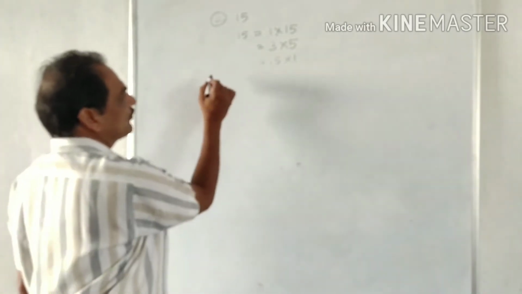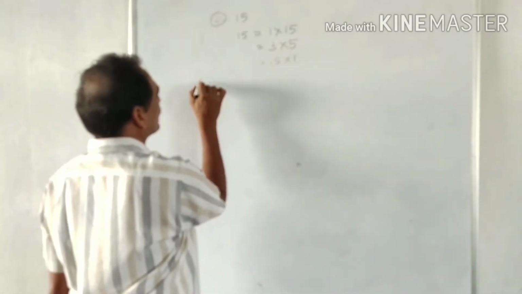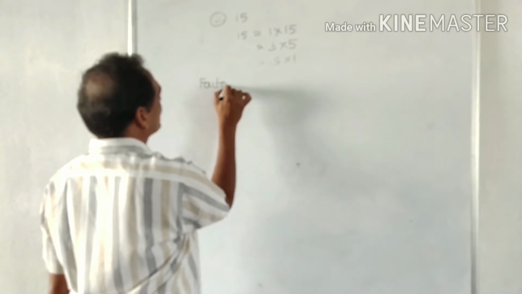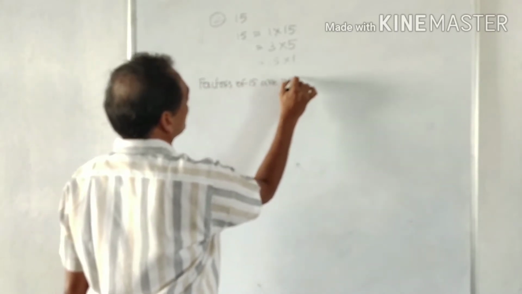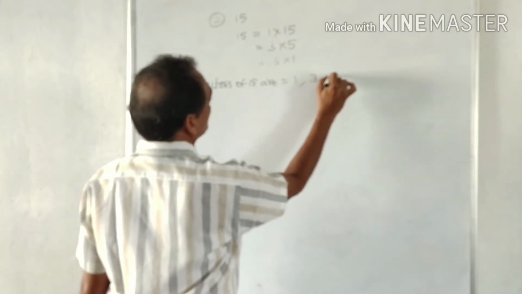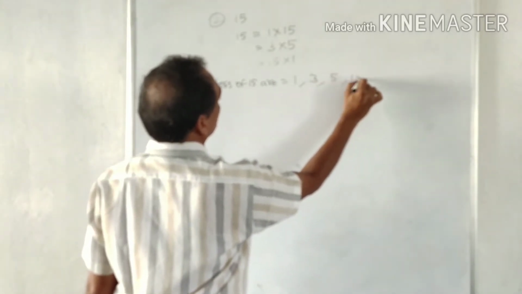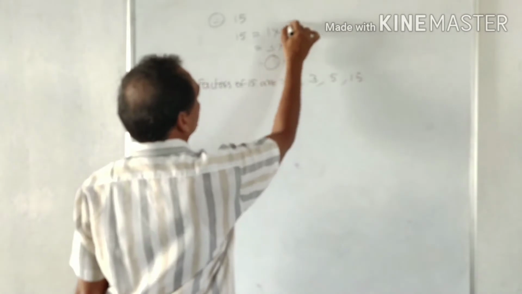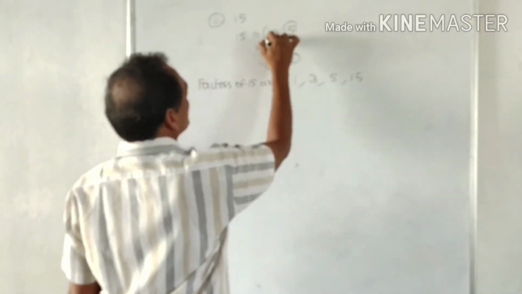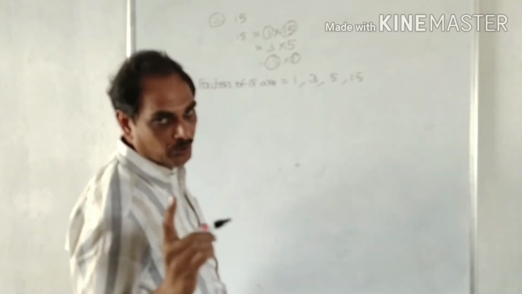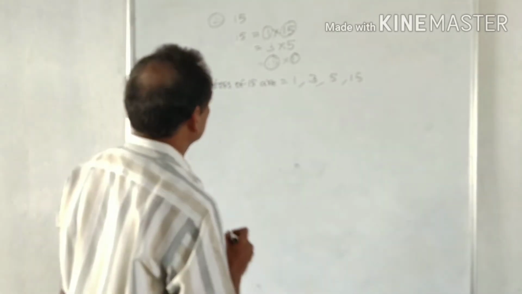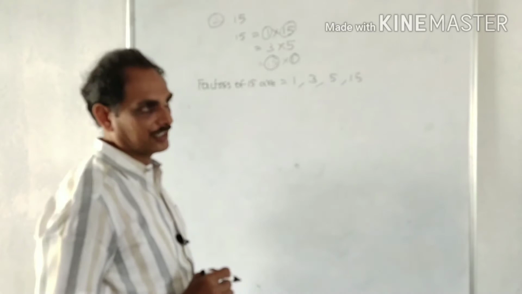Now the factors of 15 are 1, 3, 5, 15. Here we get 15 two times, so no need to write 15 two times. We write the factors only one time. So these are the factors of 15.